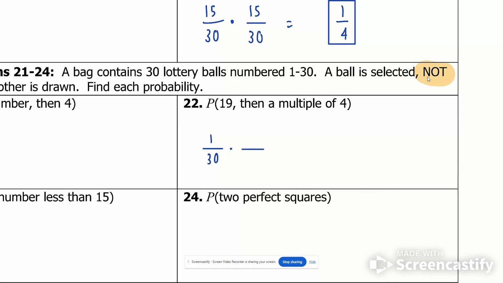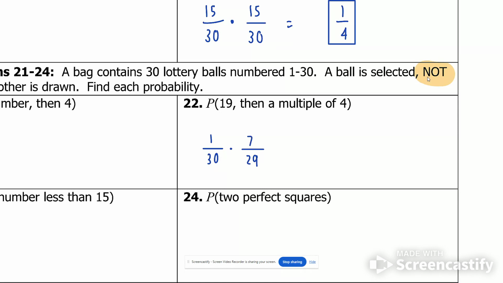That gives us a chance for the next one. But I only have 29 balls in the bag. So what I got to think about now is, well, what are my multiples of 4? Well, I've got 4, 8, 12, 16, 20, 24, and 28. Those are my multiples of 4.